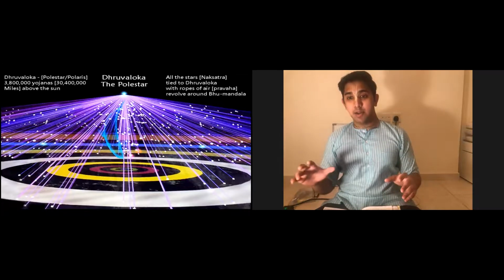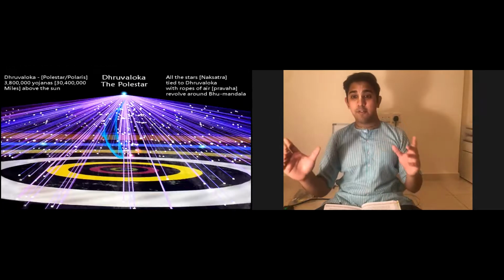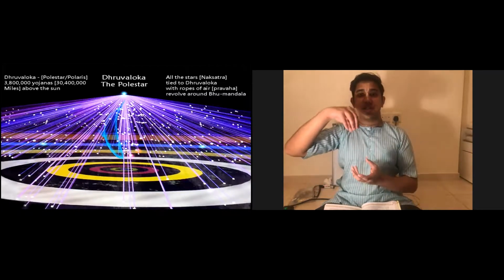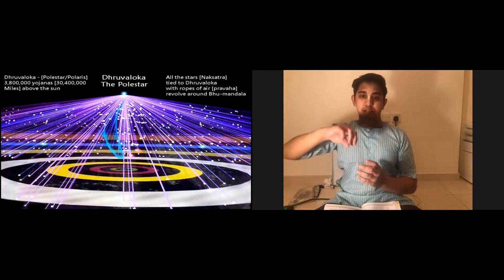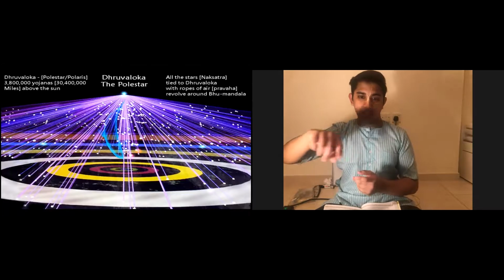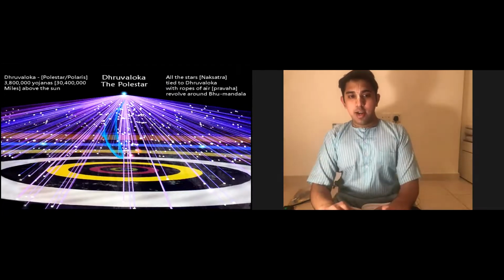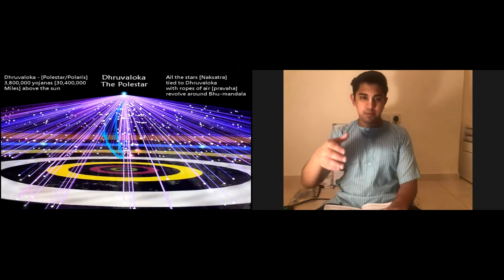All the planets, all the stars, the nakshatras, revolve around the pole star. And even the pole star itself, which is fixed in its place, revolves, and that way it turns all these planets. Dhruvaloka is about 3.8 million yojanas above the sun.